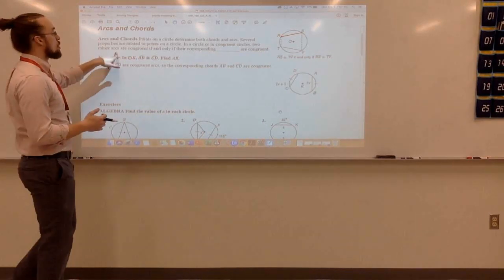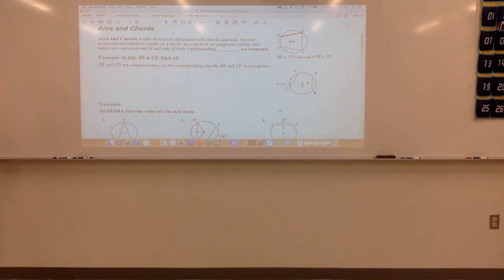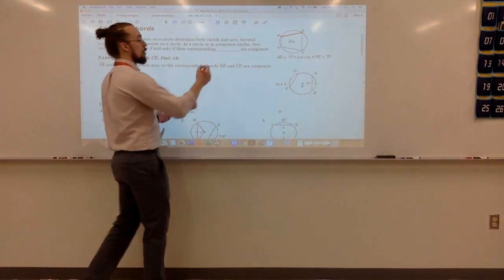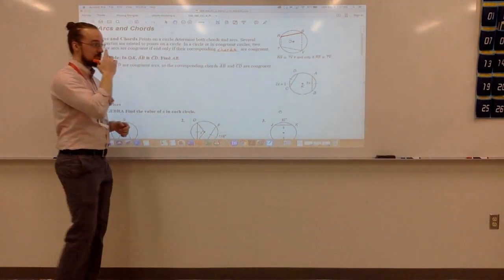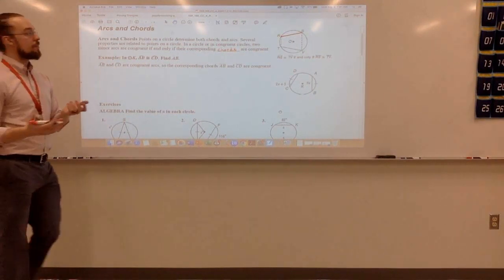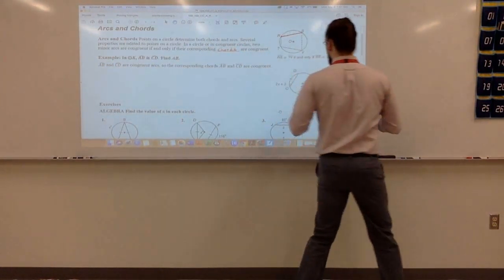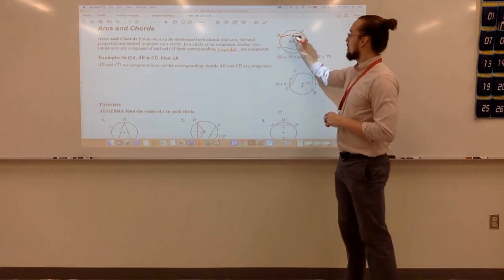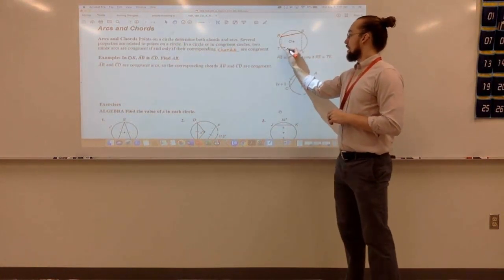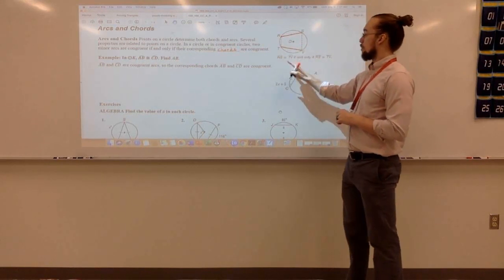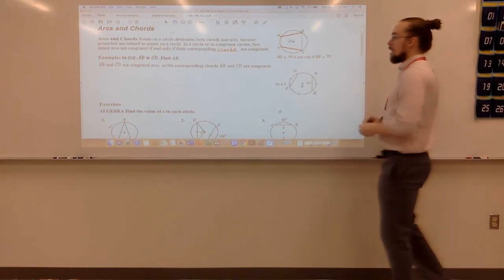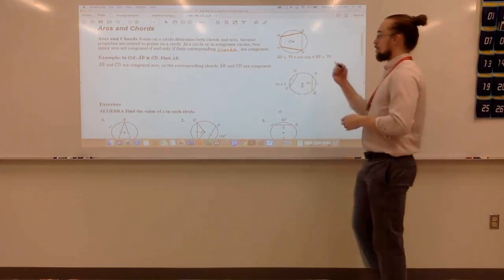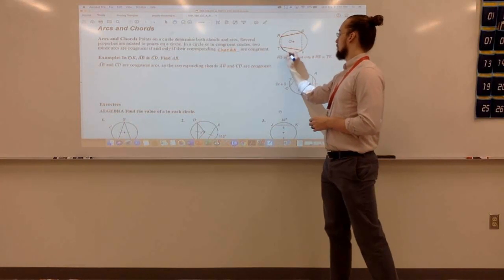Alright. So the property is two minor arcs are congruent if and only if their corresponding chords are congruent. In this picture, we're saying that if the lengths of RS and TV, those two chords, are congruent, then their corresponding arcs are congruent.